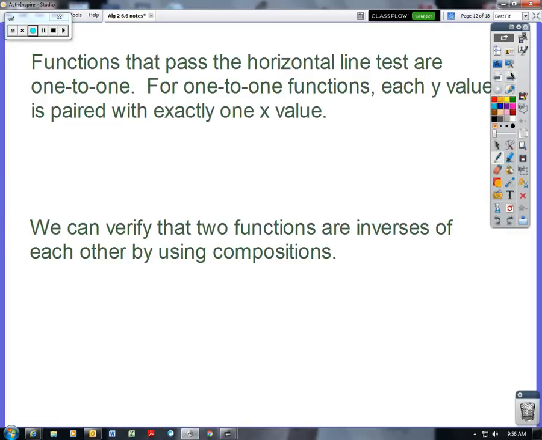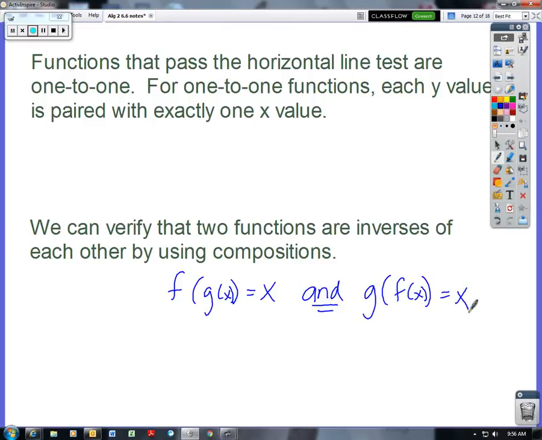We can verify that two functions are inverses of each other by using compositions. So this is totally new. If you have f and g, and you do f of g, and that equals x, and g of f of x also equals x, they both have to be true, then f and g are inverses.